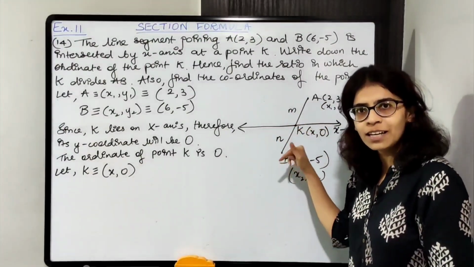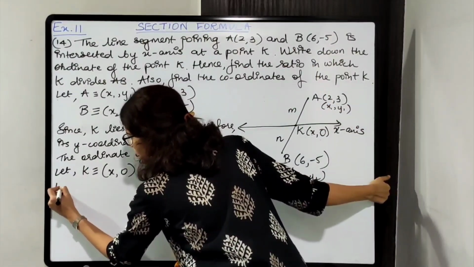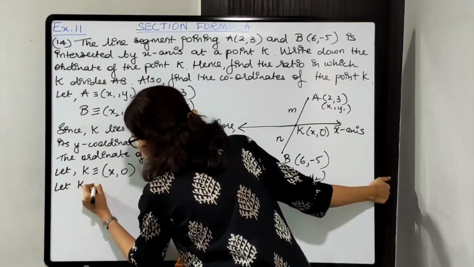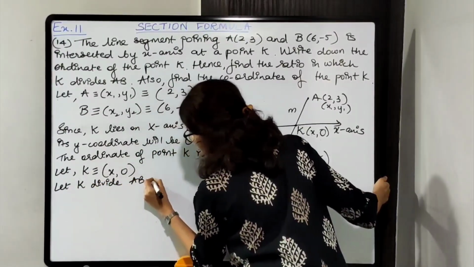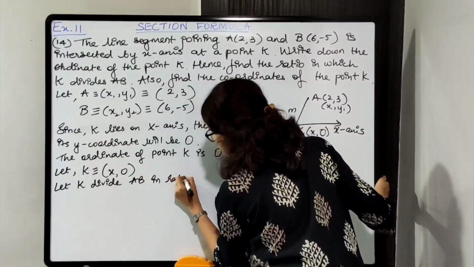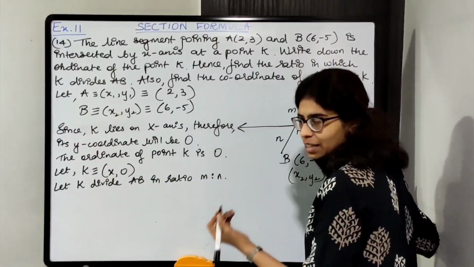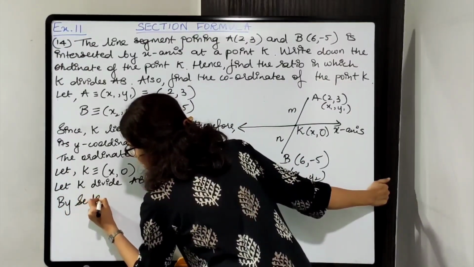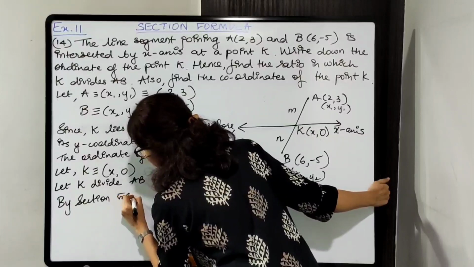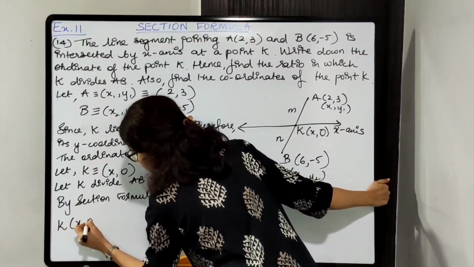So पहले वो लिखेंगे, let k divide AB in ratio m is to n. So by section formula, applying section formula, what will be the coordinates of k?